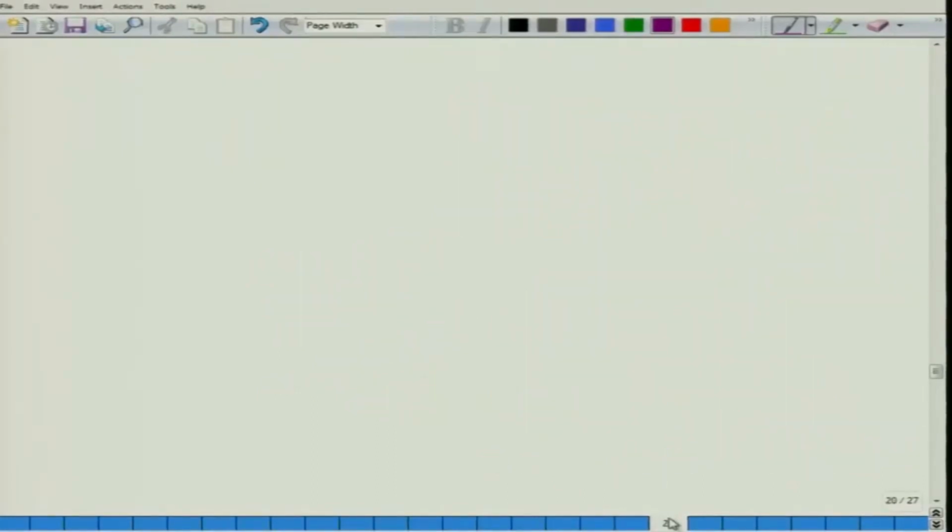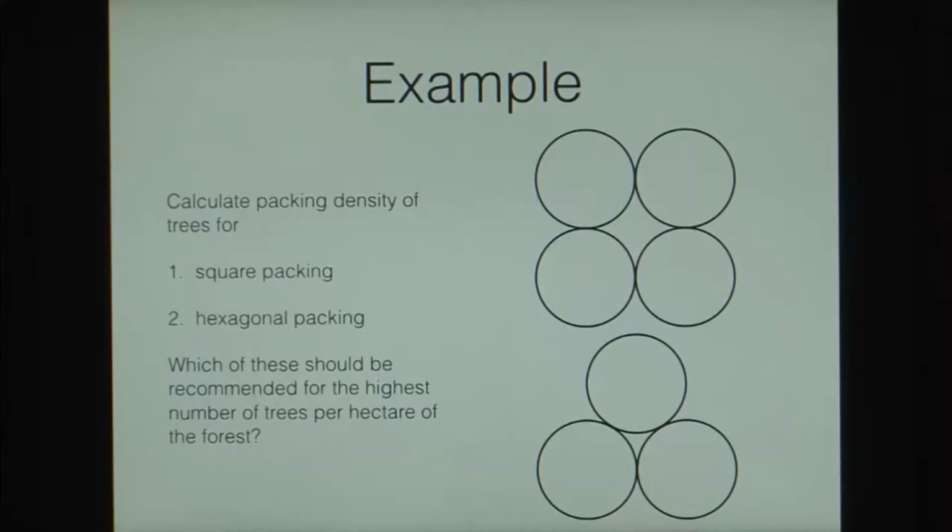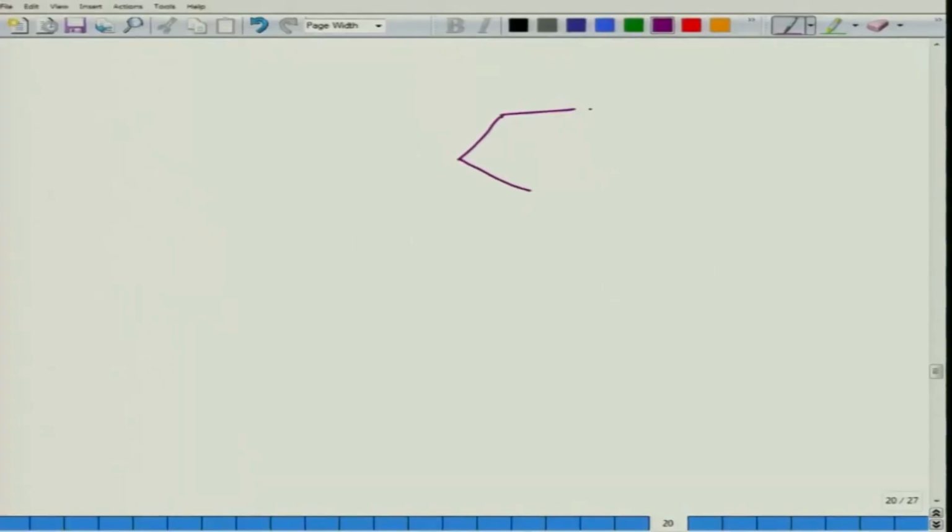Now, consider a hexagonal packing. In the case of a hexagonal packing, you have trees that are arranged at the vertices of a regular hexagon. So, when these trees grow, their canopies will touch each other in a hexagon.